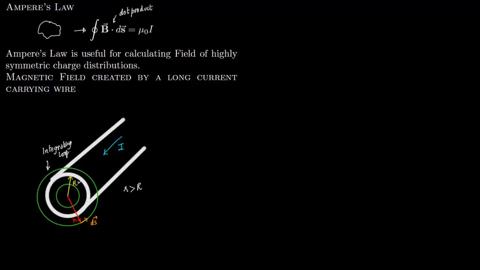We set up the integral as the dot product between the magnetic field and the small ds vector. Notice this ds vector is along the loop. Notice the direction of the current flowing. The magnetic field also follows the same green circle as the small distance ds, so the angle between the magnetic field and the ds vector is 0. The dot product becomes B ds cos 0, and cos 0 is 1, so you just get B ds.